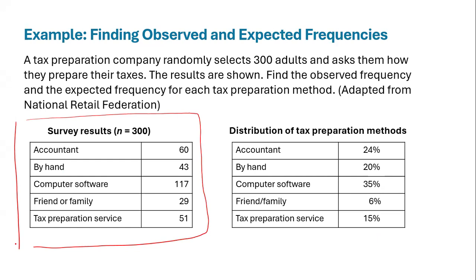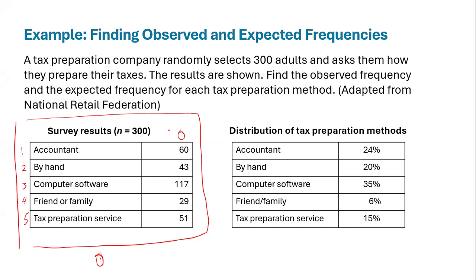Okay, we know that the result from the survey is my observed frequency. All these numbers are the observed frequencies. How many categories do we have? 1, 2, 3, 4, 5 categories. And we have the observed frequency for each of the categories.